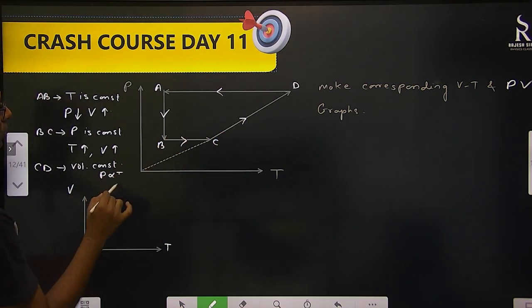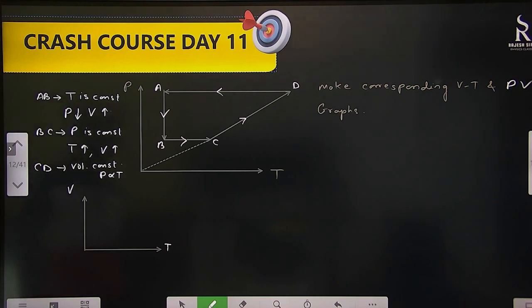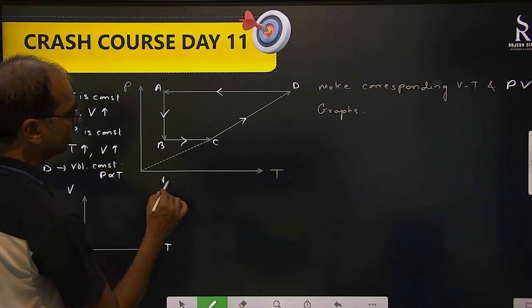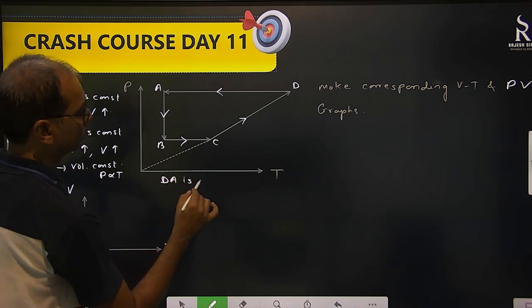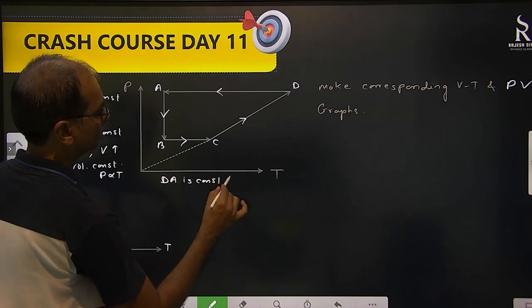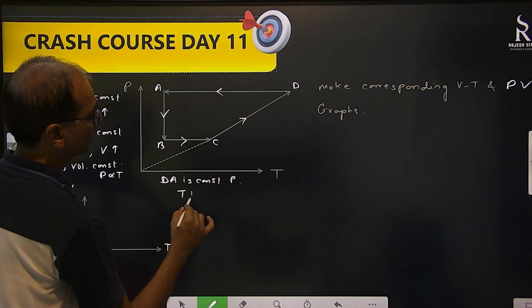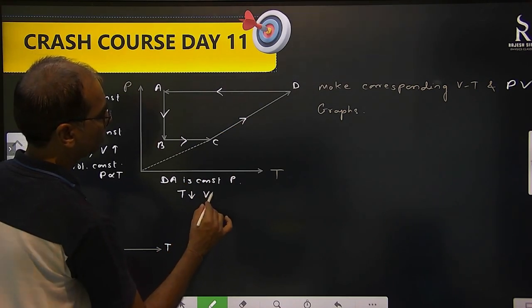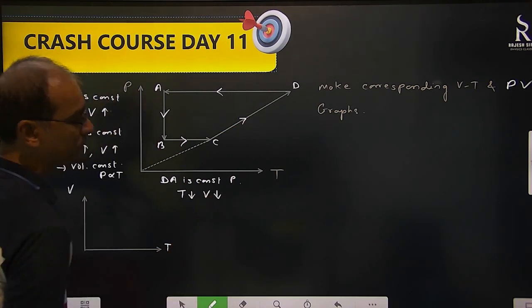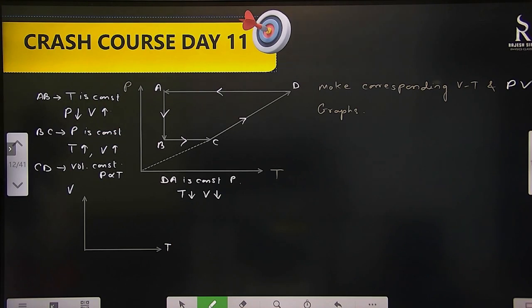Then what is the process DA? Constant pressure. Temperature is going down, so if temperature is going down, that means volume also has to go down. Okay, so this is what we have now.